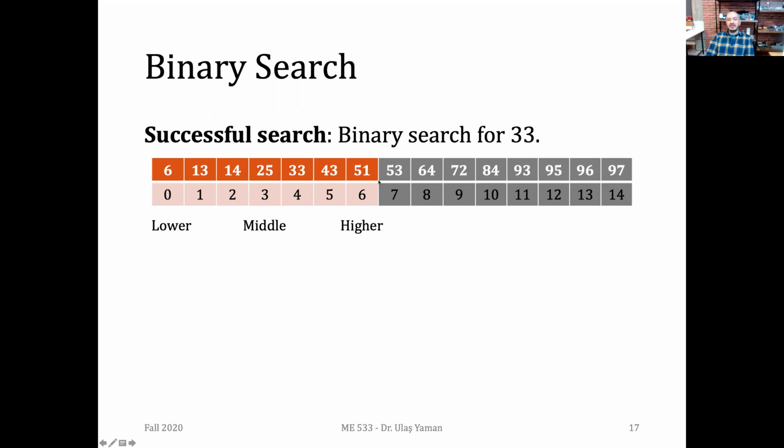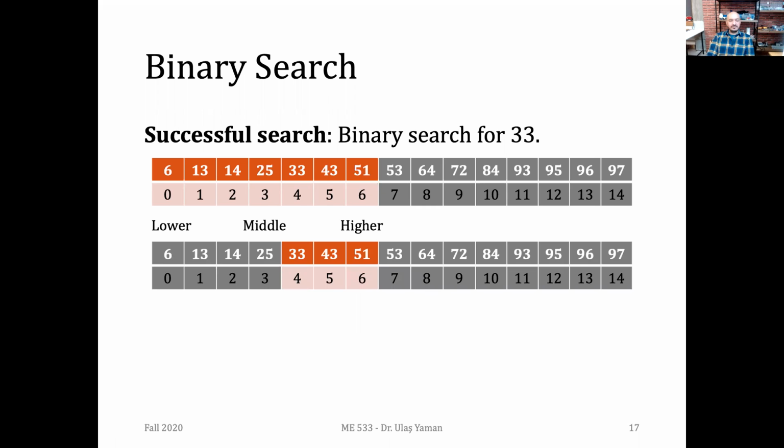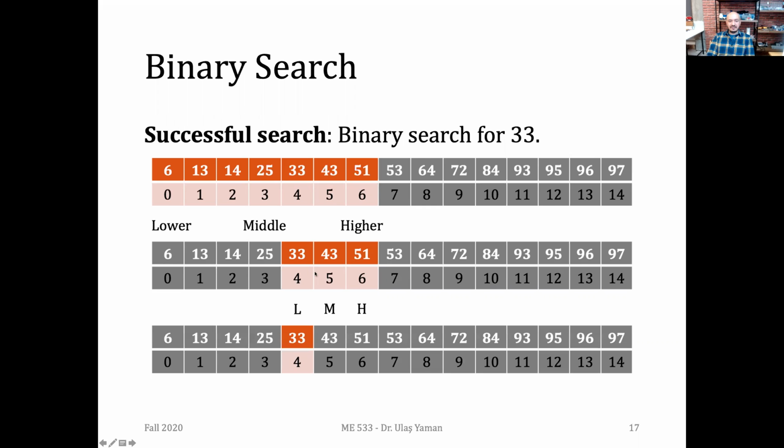Then I need to divide it again into halves. And this time, I see that it's not in the left-hand side but in the right-hand side, so I will continue. This is the lower index, higher index, medium index, and I can see that it should be in the lower region.